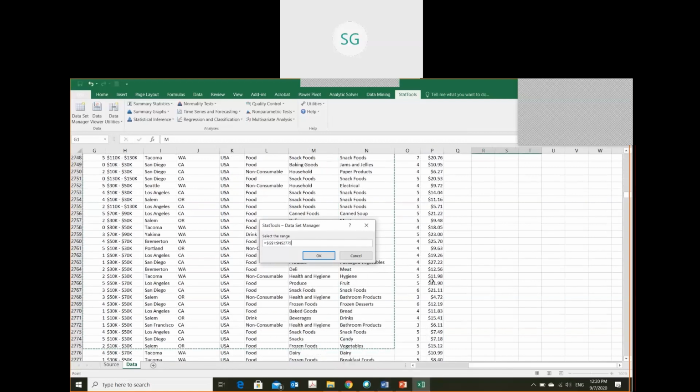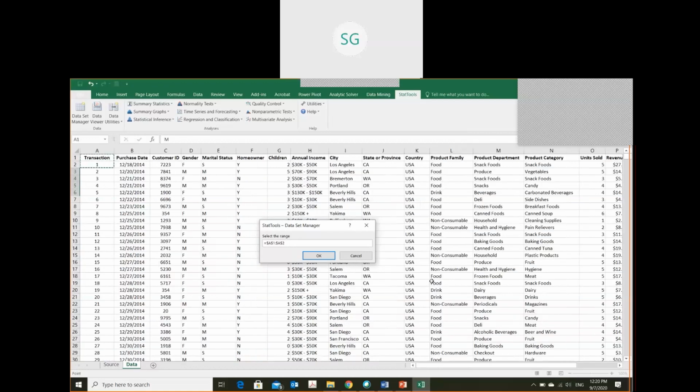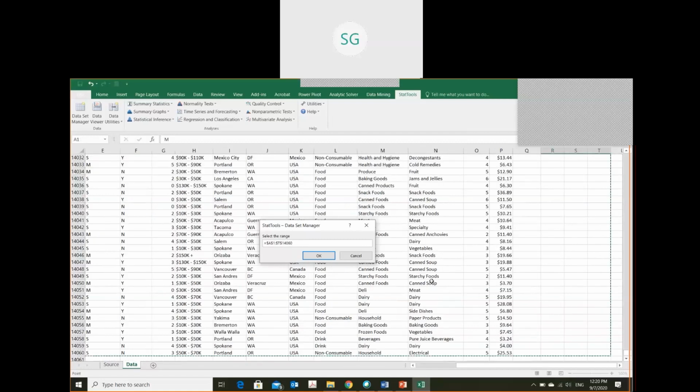Let me do this another way. Control Shift End. Okay, here's our data range.